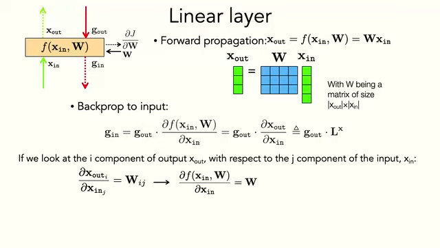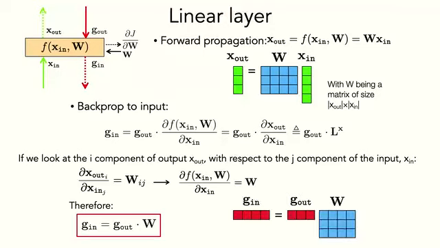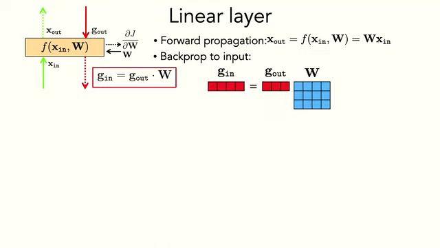It turns out that that is wij, so that actually means this is really just the weights again. This is really nice and simple. You just multiply in the opposite direction: you multiply the gradient by the weights to get the gradient coming in. Cool. So your forward and backward pass are just multiplying by your weight matrix, just in a different order. Pretty nice.